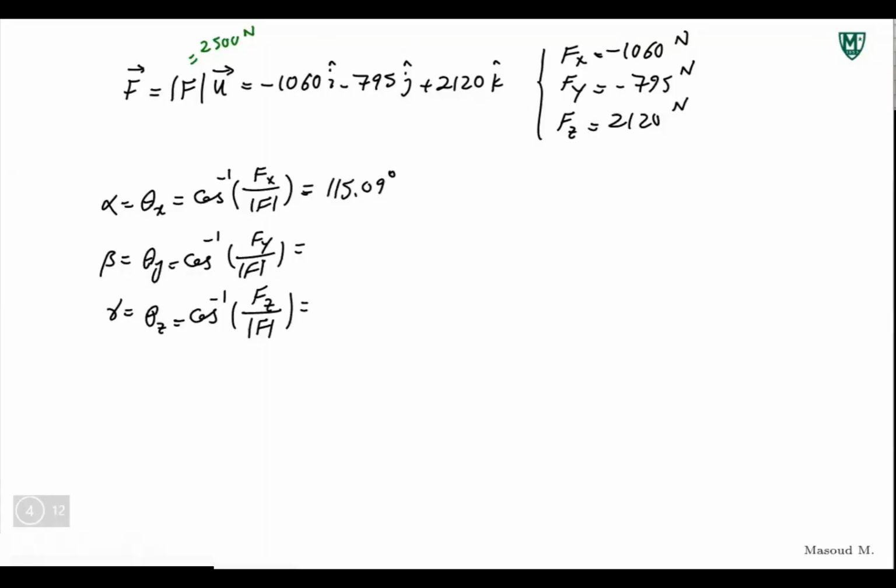The next one gives you 108.54 degrees. And the last one should give you about 32 degrees. There you go. So these are the angles that the force has with the different axes.